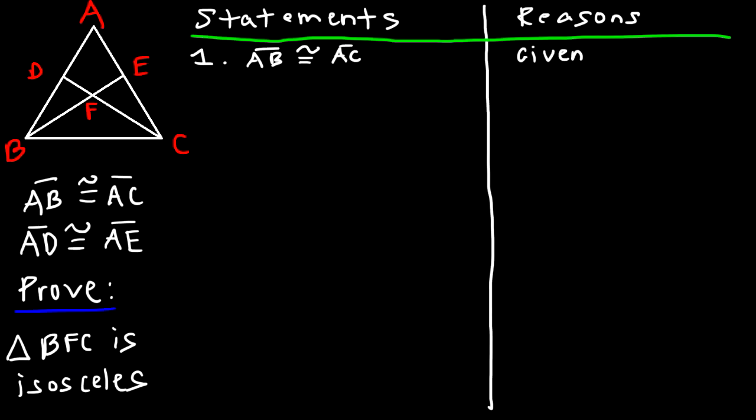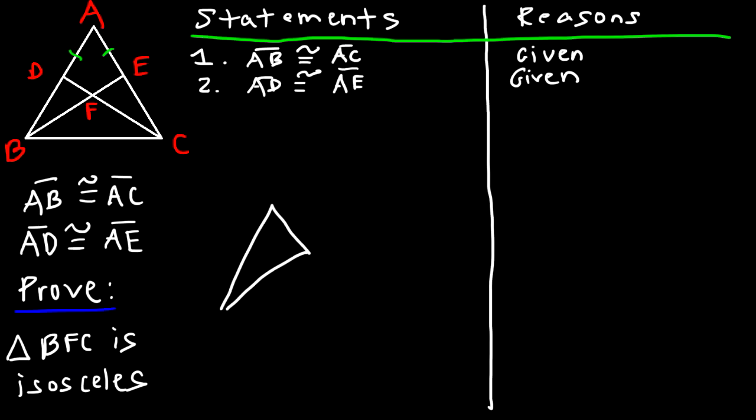But let's write down what else we have. So we know that AB is equal to AC. And also AD is congruent to AE. So that's another given. So this is AD, that's AE. Now, it might be helpful to draw those two triangles.